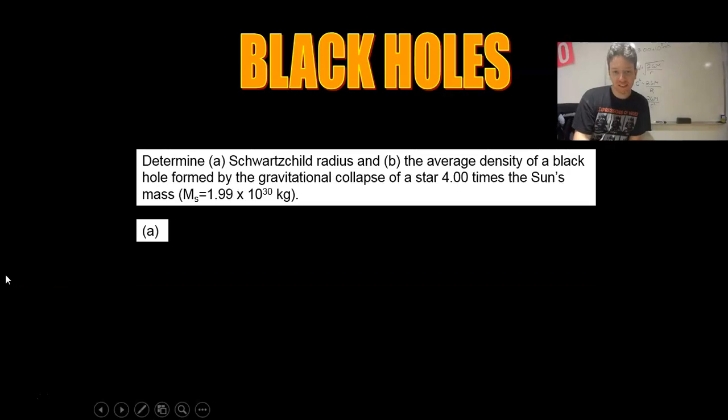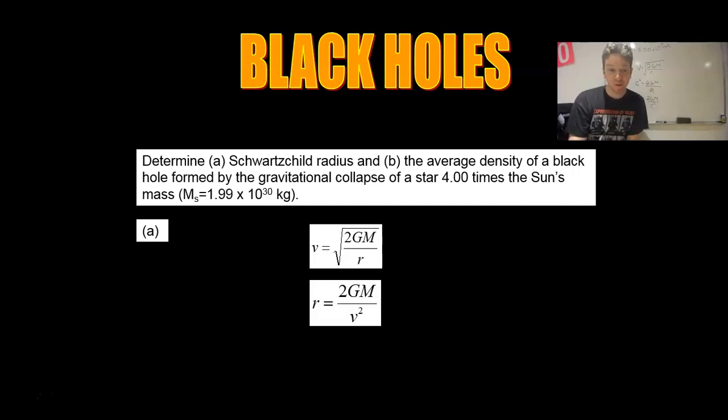So the first question then, on the back, says determine the Schwarzschild radius and the average density of a black hole formed by the gravitational collapse of a star 4 times the sun's mass. Okay, so to do that, we use the equation I just wrote up there, where we're changing v into c.